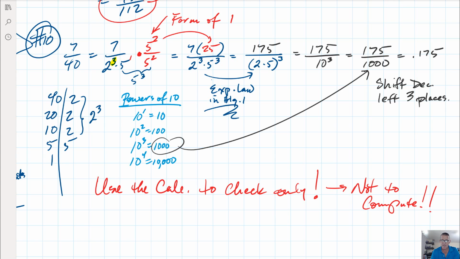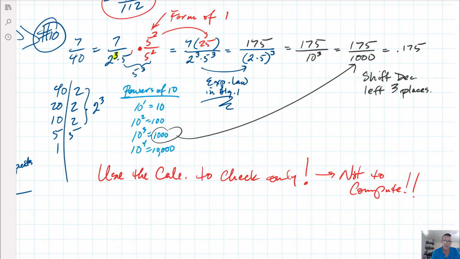Again, this is one of those things you need to practice multiple times to master. Get a blank piece of paper, take the original problem, 7/40ths, and go through the 6 steps. Practice the 6 steps. Then go into your spiral.